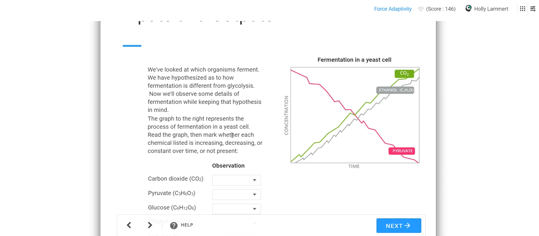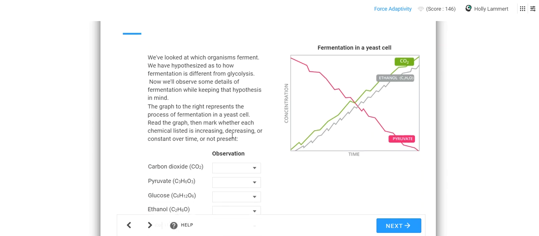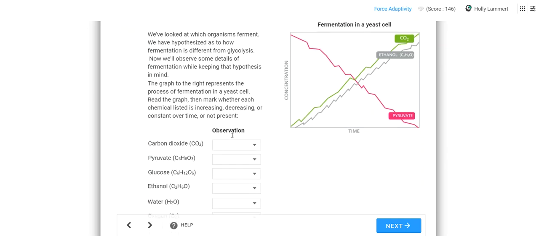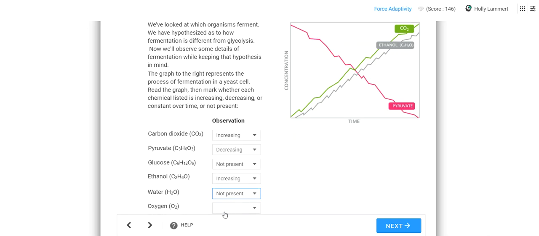Read the graph, then mark whether each chemical listed is increasing, decreasing, constant over time, or not present. So here we have carbon dioxide is increasing, pyruvate is decreasing, glucose, not present here, ethanol, increasing, water, not present, oxygen, not present.